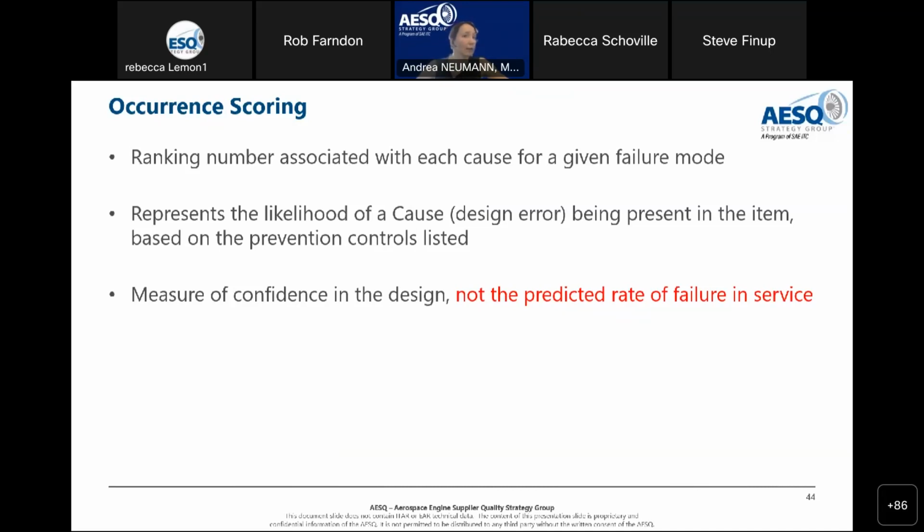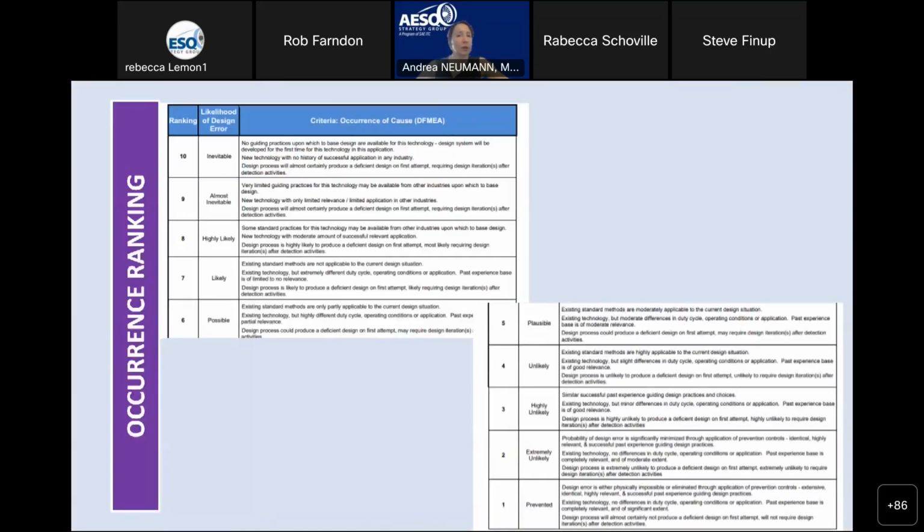And on the next slide, we now have the occurrence ranking copied from the reference manual. So this is the proposed scoring you should use with the wording to number your prevention controls, and also get then the rating for the cause.